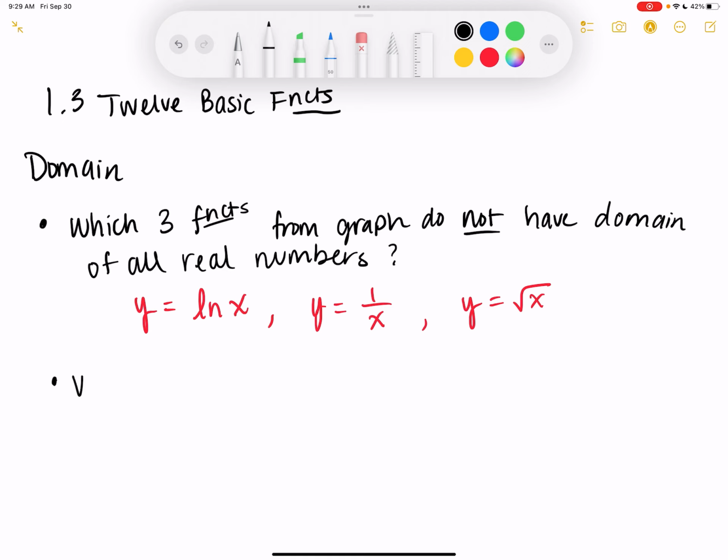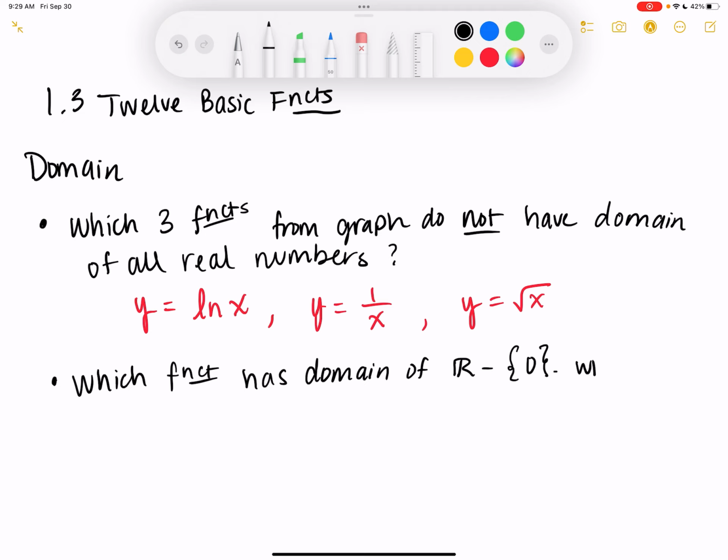All right, which function has the domain of all real numbers with the exception of 0, and y isn't 0 in the domain?